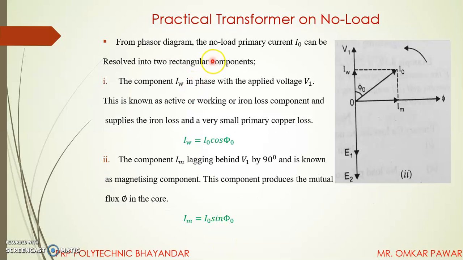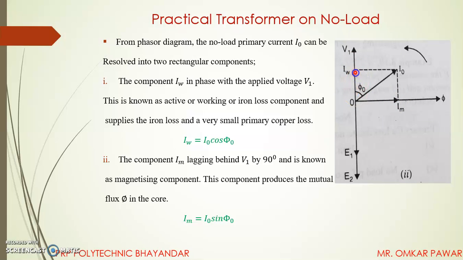From the phasor diagram, V1 is the applied voltage and Im lags behind the voltage by 90 degree, the magnetizing current, and IW is the wattful component.